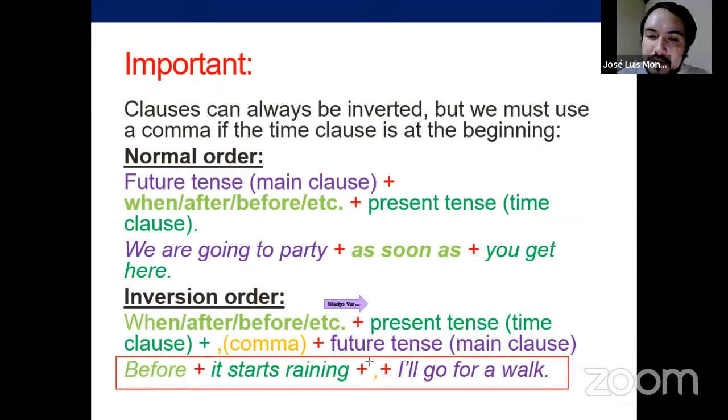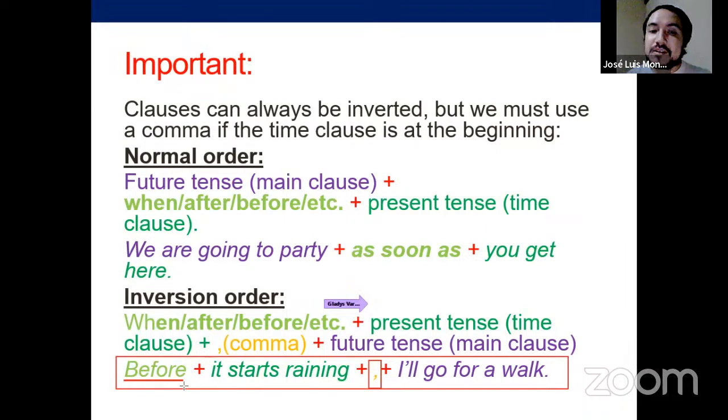Exactly. And here you have something that is very useful for writing, Gladys. A comma, right? If you use first the word before, when, after, as soon as, until, you have to use a comma, right? That is very, very simple. Exactly.